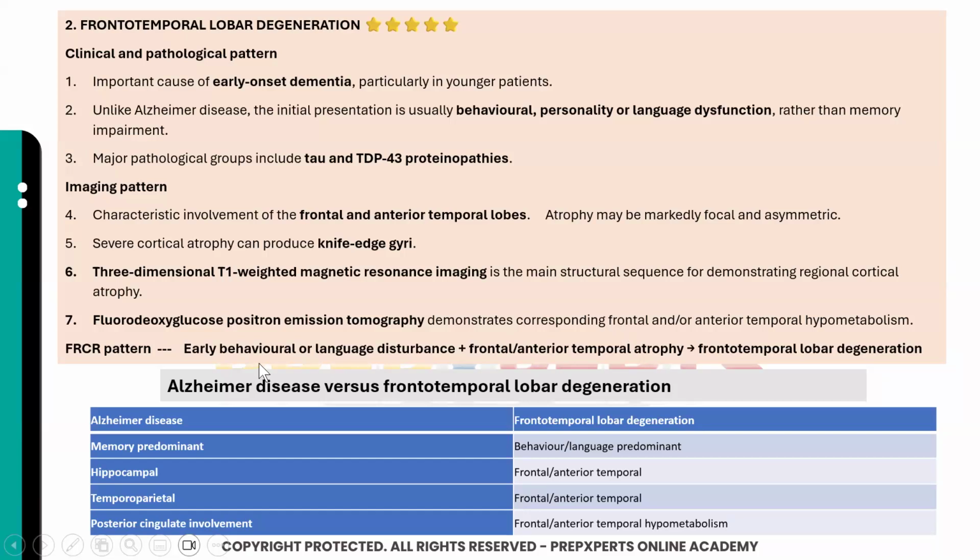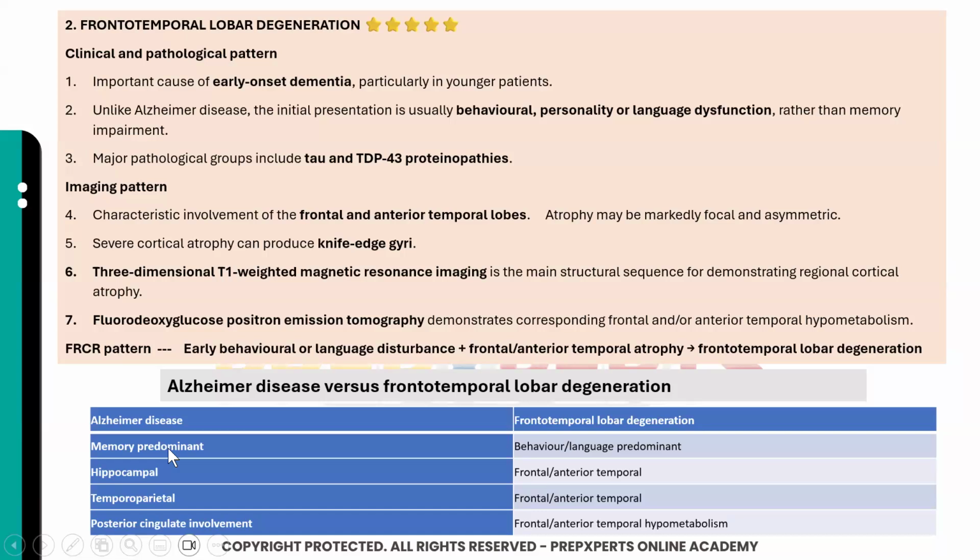So what you need to remember: early behavioral or language disturbance, young patient, frontal and anterior temporal atrophy, that is frontotemporal lobar degeneration. If you remember the symptoms, even then you can diagnose the disease, even if you don't remember the radiology and everything. If there is a question about diagnosis, but these are less frequently asked, they actually twist the questions. Okay, so this is another table to differentiate.